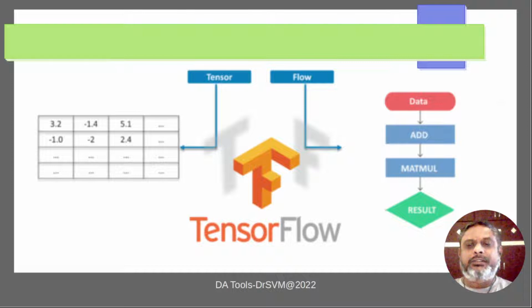If this is being done for multiple data, then when one data's result is available, the next data is under matrix multiplication, the next one in the pipeline is in addition, and another is getting ready to enter this flow.